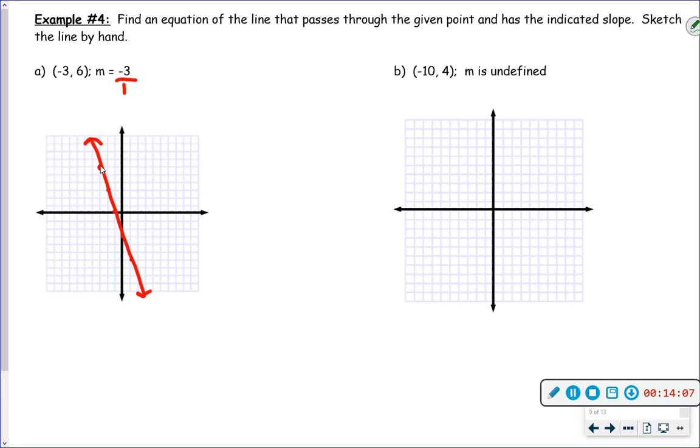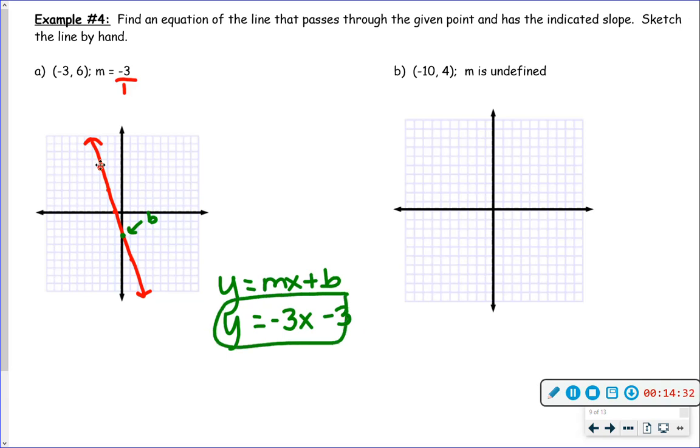Because if I want to use my y equals mx plus b, okay, I got everything. Slope they gave me. Hopefully, like I said, I did a lot of points on the line because I wanted it to be pretty straight and accurate. Because I'm like, oh yeah, it hits the y-axis right there. There's your b, -3. Done.